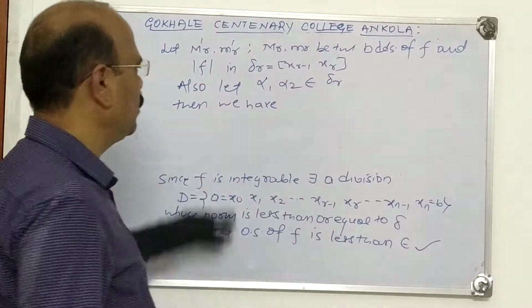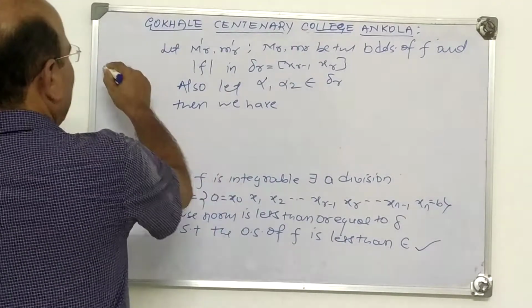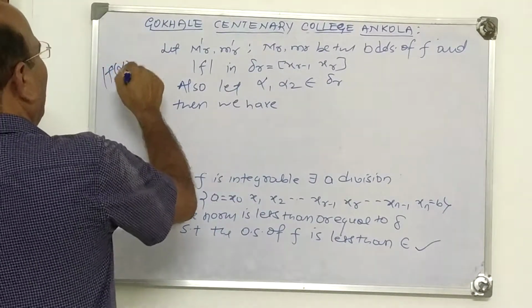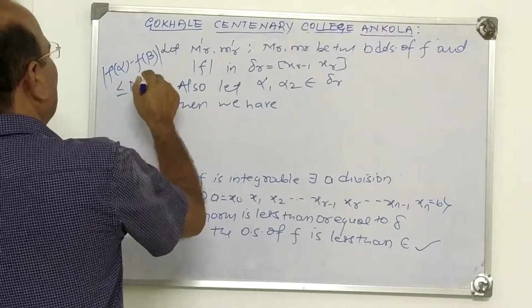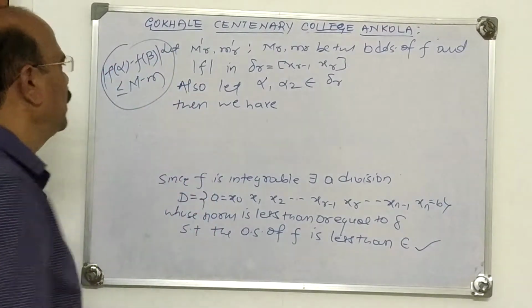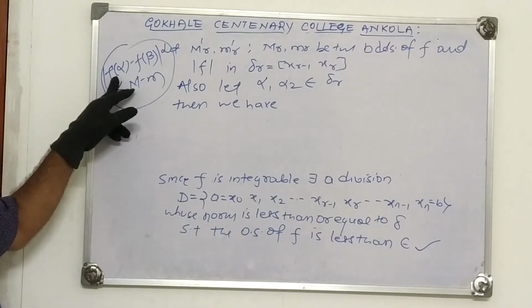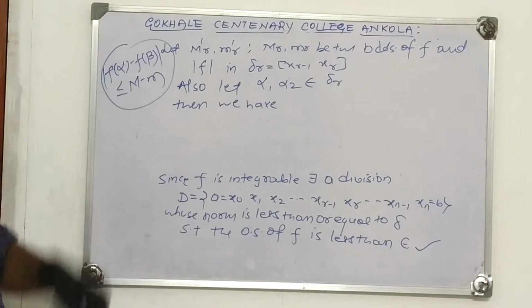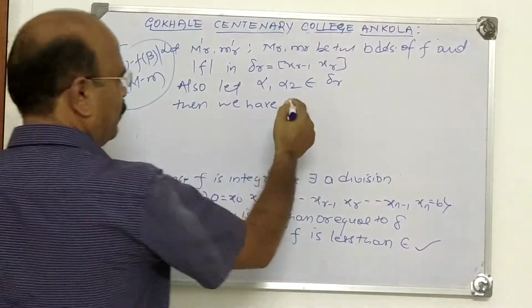The oscillation of a bounded function, M minus m, is the supremum of the set of numbers f of alpha minus f of beta, where alpha, beta belong to A. Now we have taken alpha 1, alpha 2 belonging to delta r.